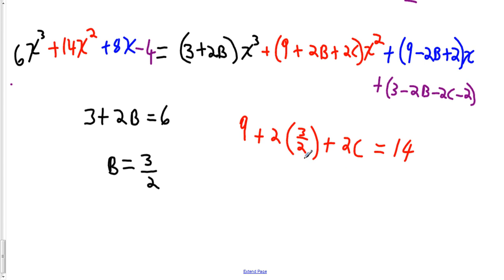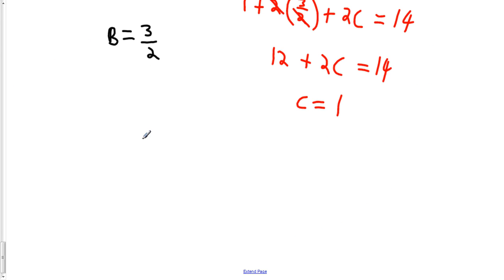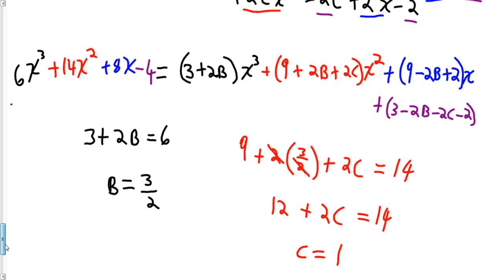So let's see what we get here. The 2's cancel, leaving me 9 plus 3, which is 12, plus 2c is equal to 14. And then I subtract 12 from both sides, so 2c is equal to 2, which means c is equal to 1.